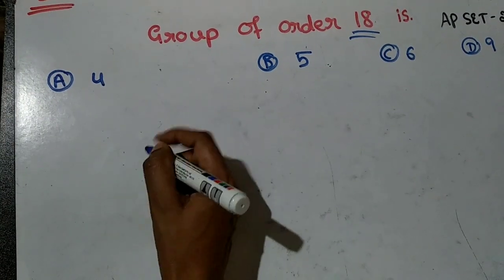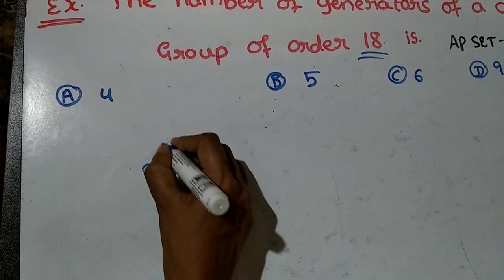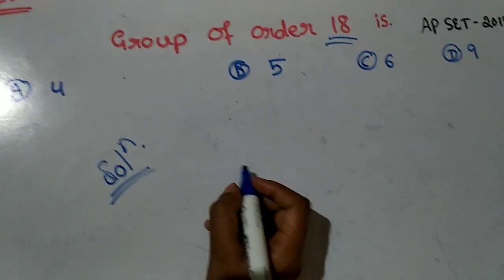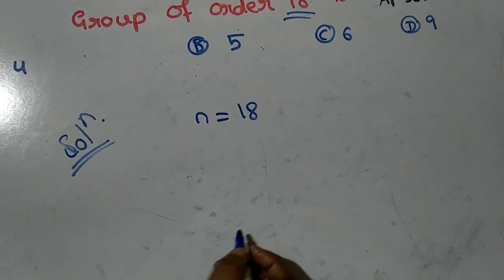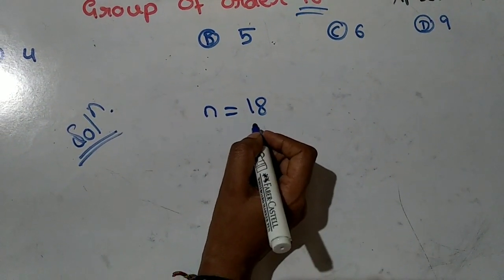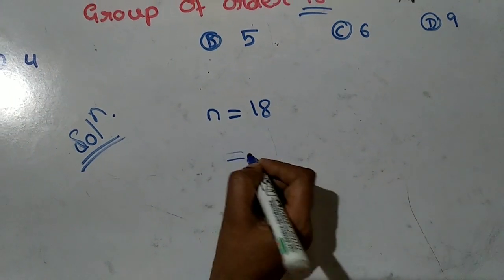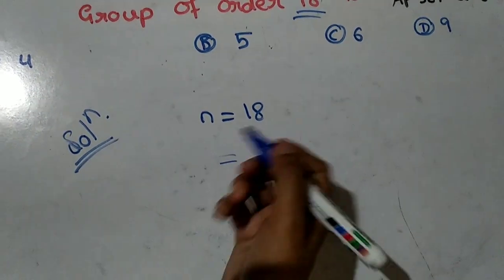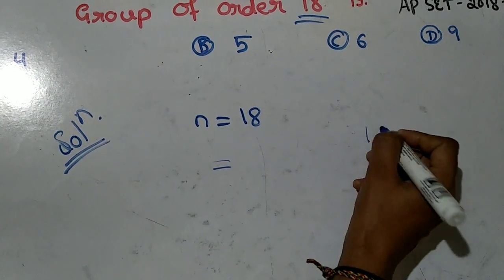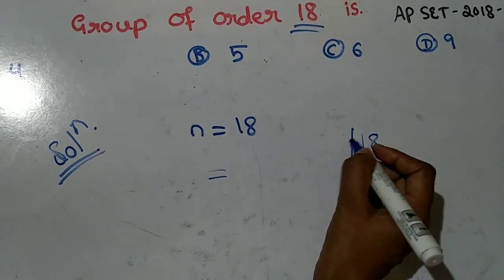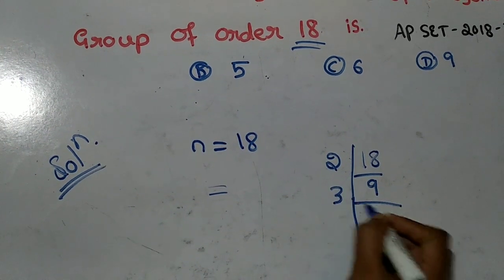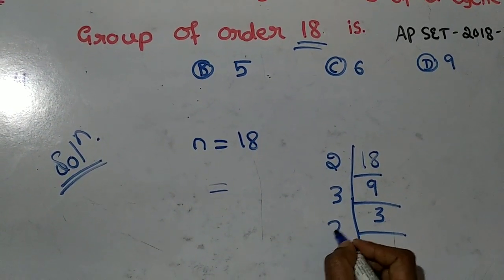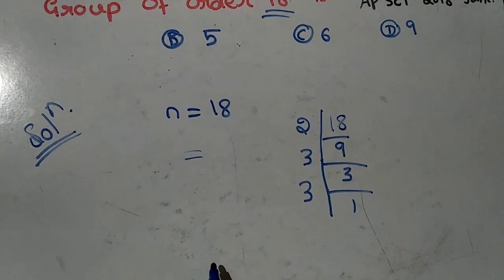So I'm going to start the solution from here. Okay, so here my n is 18. So this is not in the form of a product of primes. So first I'm going to express this 18. So 18 can be expressed as, if you don't know, you just use the division method. 2 times 9 gives me 18, and 3 times 3 gives me 9, and 3 times 1 gives me 3.